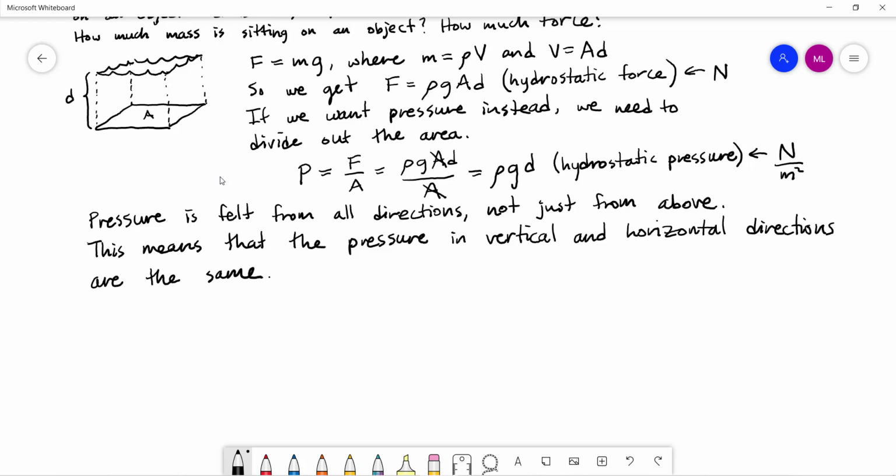So this is the exact same idea that I'm trying to talk about. If you drill a hole in the side of your fish tank, even though there's no water above that hole pressing straight directly down on the hole, water's still going to shoot out the side of that fish tank because the pressure is uniform and it pushes evenly in all directions. So that is another good way to think about the point that I'm trying to get across here.